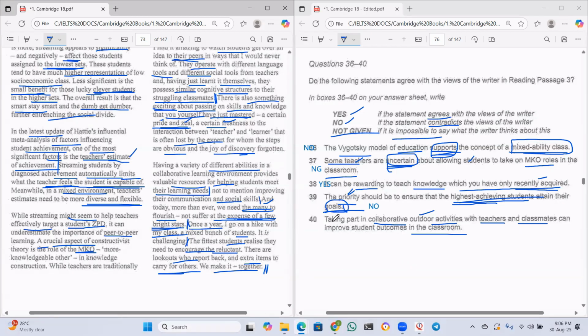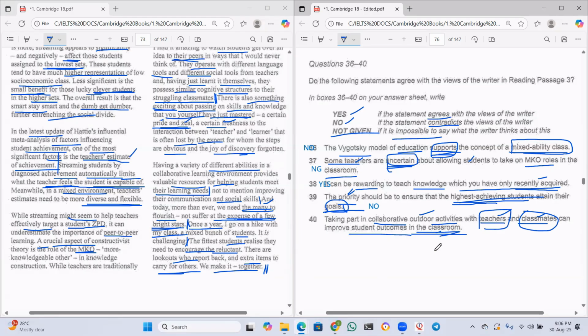What is the question? Taking part in outdoor activities with teachers and classmates. Here he spoke only about classmates. In the question we have teachers also. It can improve students' outcomes in the classroom. Here he is talking only about outdoor, right? Completely outdoor he is talking, but the question is about improving the outcome in the classroom.